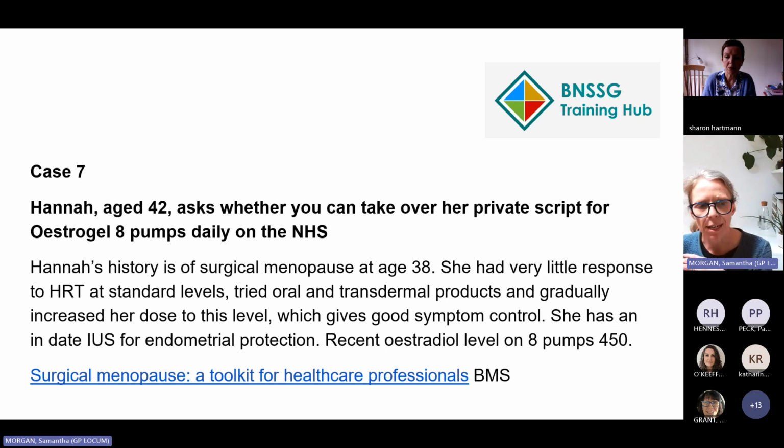She's got an in-date Mirena, so we're happy from that endometrial protection point of view. And she had a recent blood test on 8 pumps of 450. And so somebody like Hannah, a younger patient who's experienced surgical menopause, can often have really severe symptoms and need much higher doses to get that symptom control.